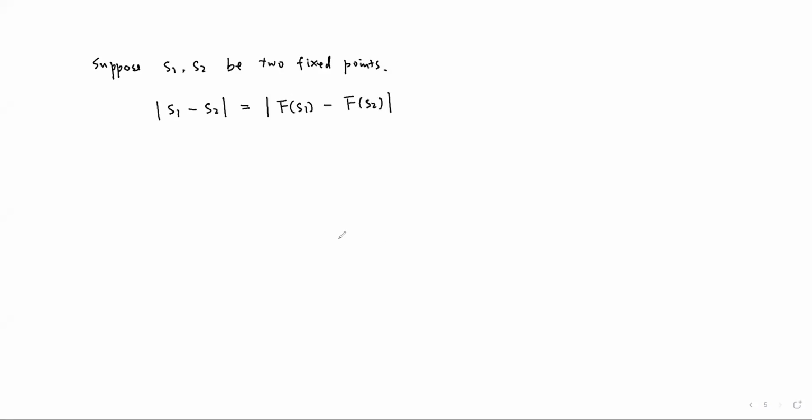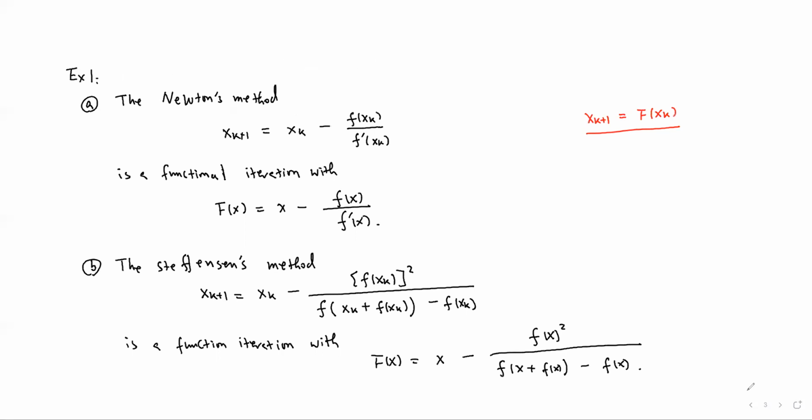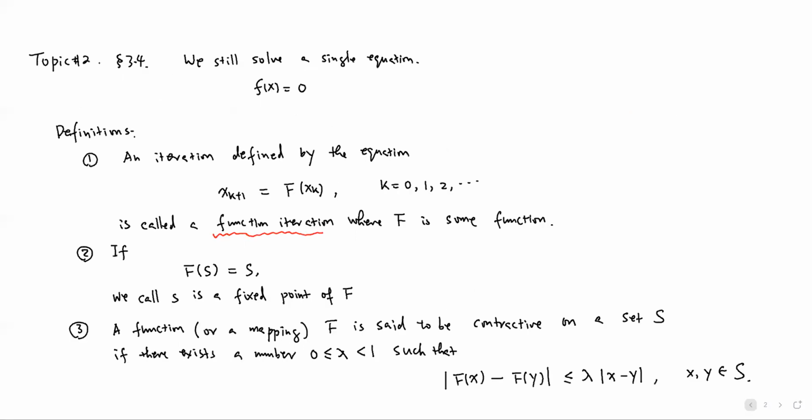But the function f is contractive, so this is less than or equal to lambda, the contractive number, times s1 minus s2. Here is the contractive definition: lambda less than 1.